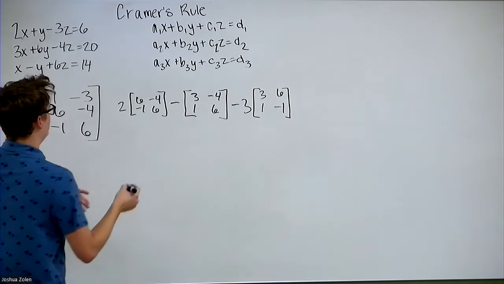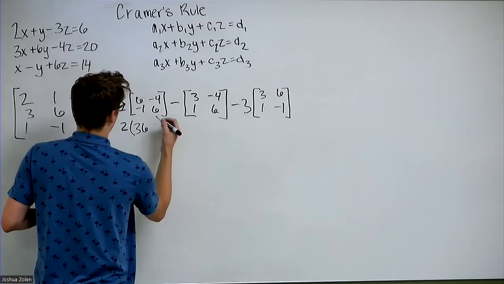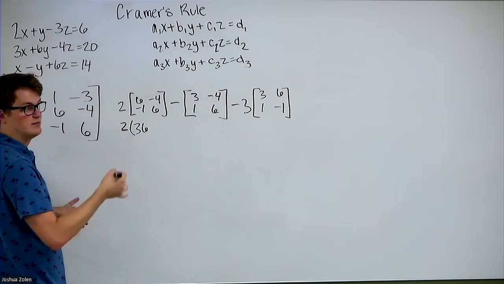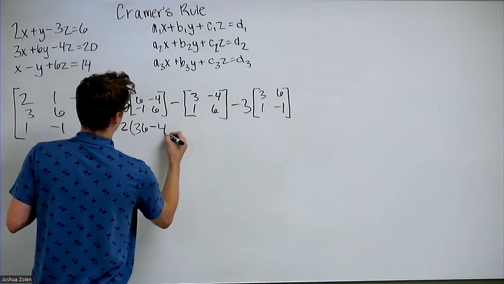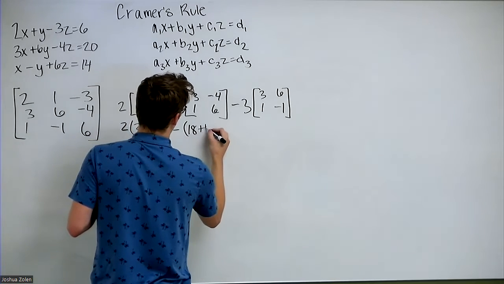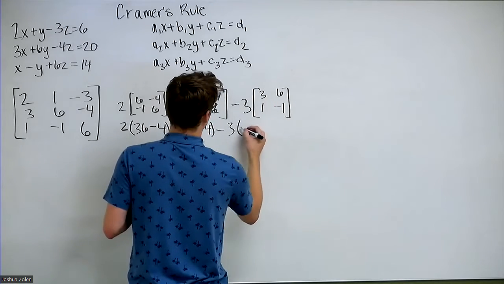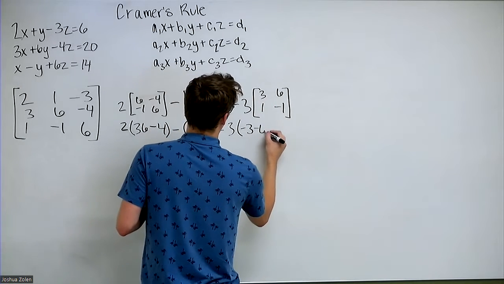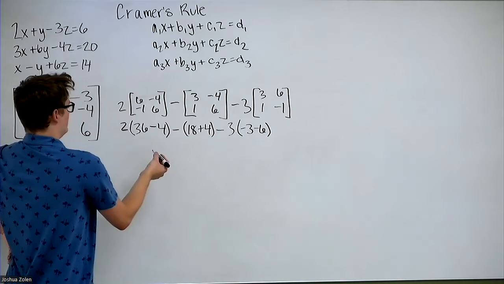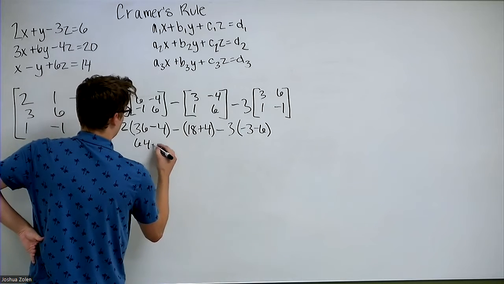Now, if we continue to calculate this, we have 2 times 6 times 6 is 36. -1 times -4 is +4, so -4. -3 times 6 is 18, plus 4. And -3 times -1 is -3, minus 6. 36 minus 4 is 32. 2 times 32 is 64.